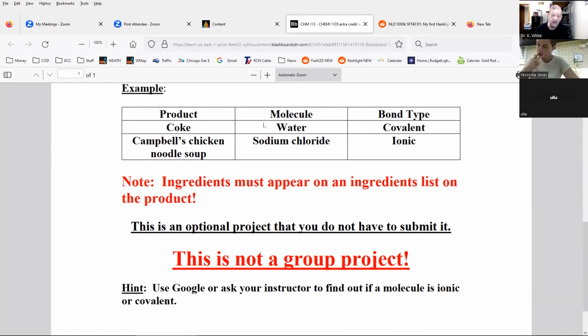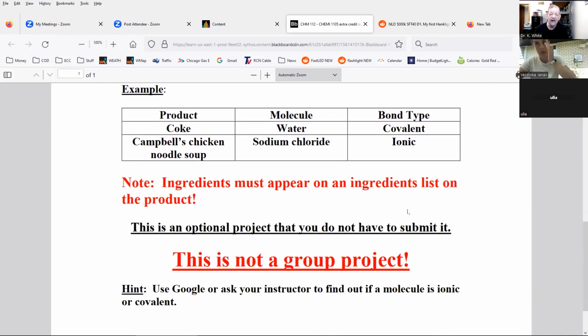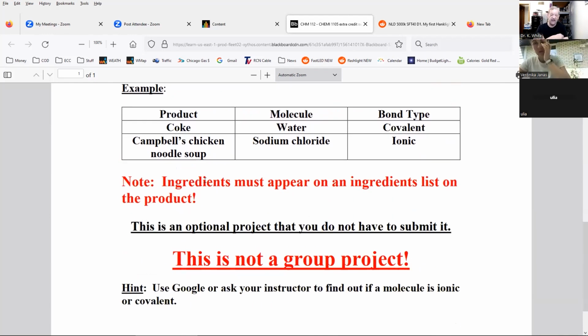However, you can't use that because you can't use water. See, it says it right there. Another example would be Campbell's chicken noodle soup, which has a lot of sodium chloride. Even the low sodium salt still has a lot, and that's ionic.